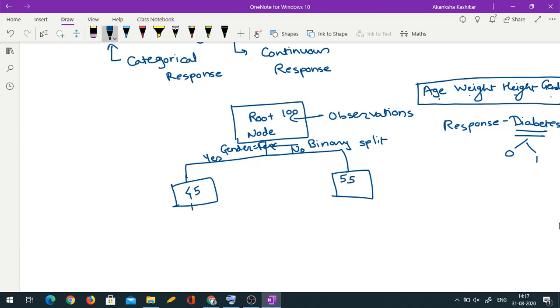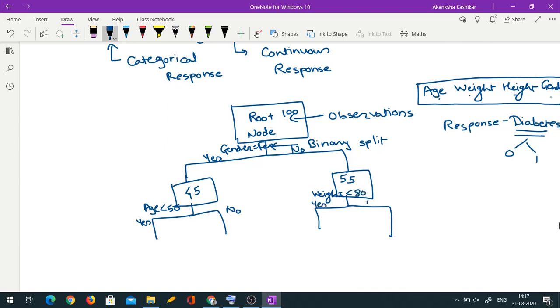Now this would be split further on the basis of some other variables. Maybe this gets split on the basis of age less than 50. So age less than 50, yes will always be left branch, no will always be right branch. And this suppose gets split in terms of weight. So suppose weight less than 80.